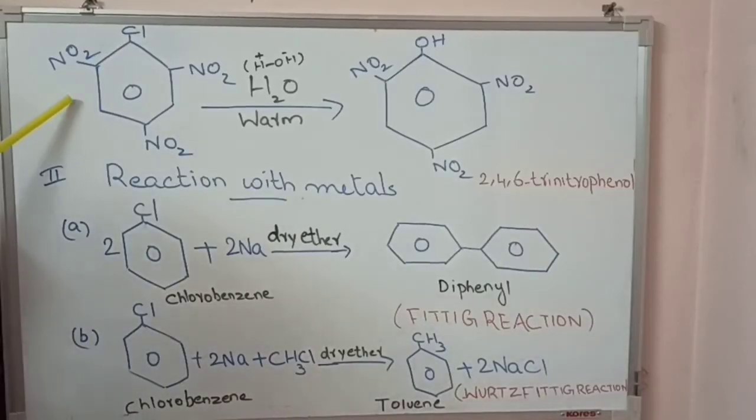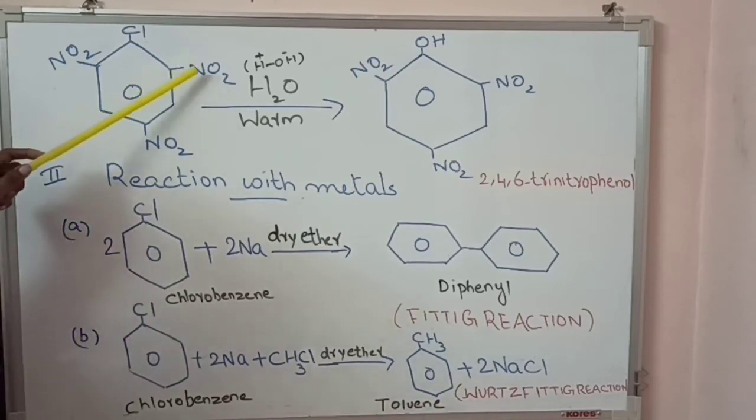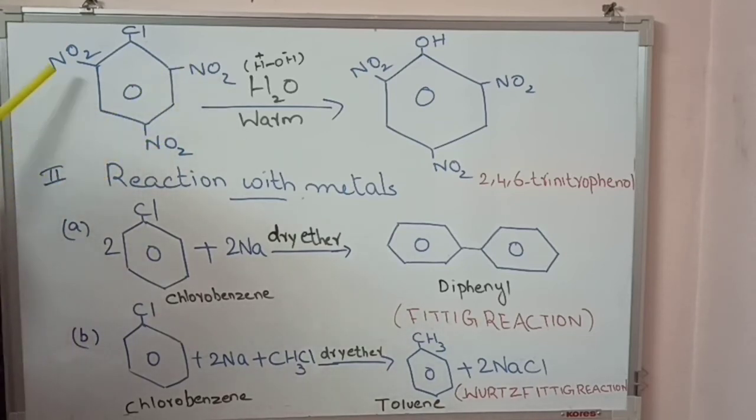If 3 electron withdrawing groups are present on the benzene ring, then the nucleophilic substitution reaction of haloarene will be carried out very easily. For example, 2,4,6-trinitrochlorobenzene. Here 3 electron withdrawing groups NO2 are present on the benzene ring. 2 NO2 groups are at ortho positions and 1 at para position.